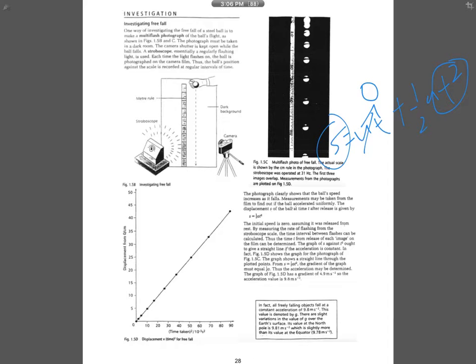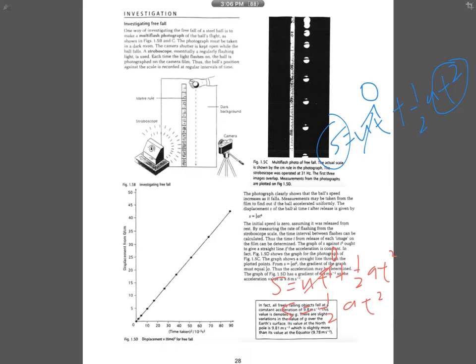In physics, every time you're asked to determine a constant, the best way is to plot a graph. You understand? I'll show you why it's good to plot a graph now. So what graph will I plot? Now this is another common graph you will see in your question. From the equation s = ut + ½at², if my initial speed is 0, then I will get s = ½at².